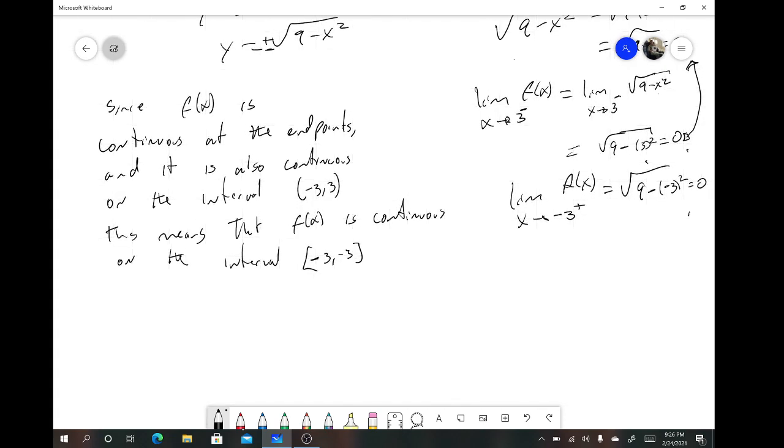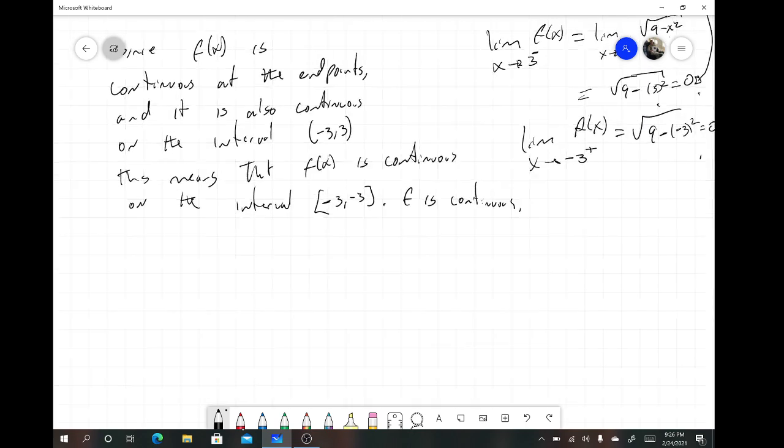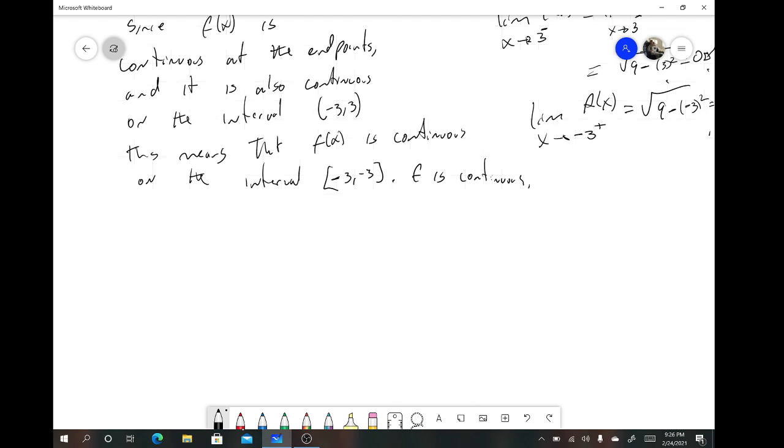Therefore, f is continuous. You could simply say f is continuous, because it is continuous at every point in the interval, so it is continuous.